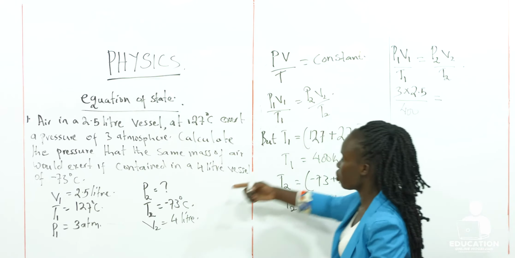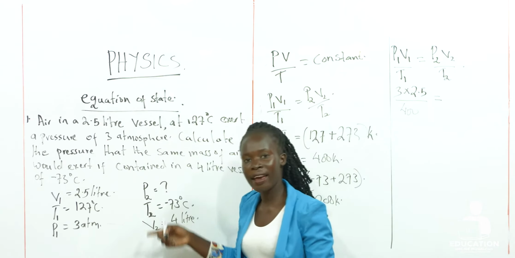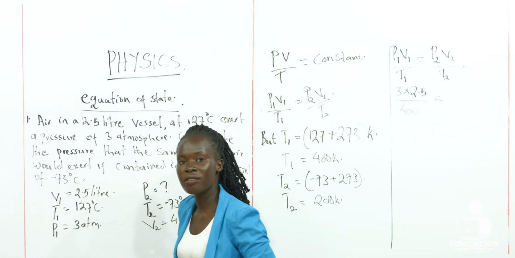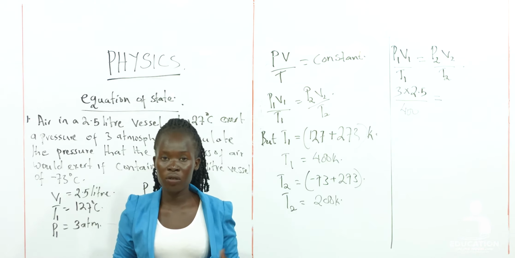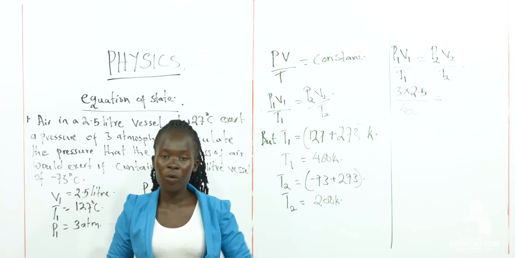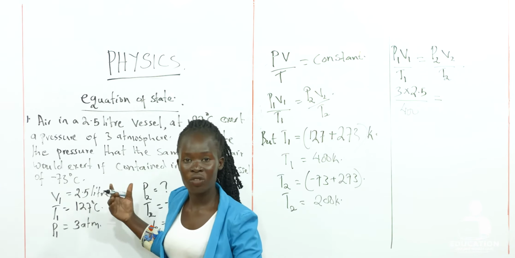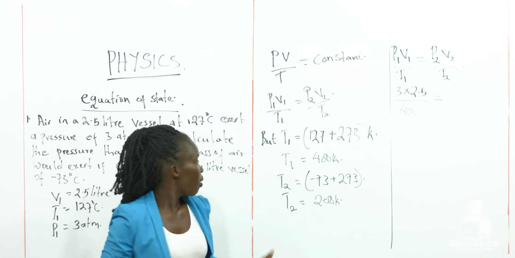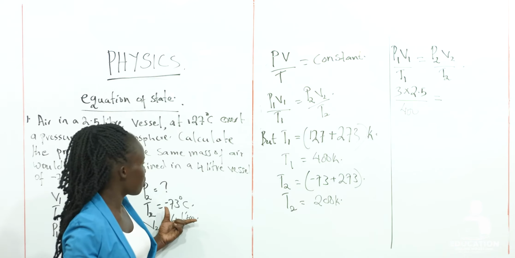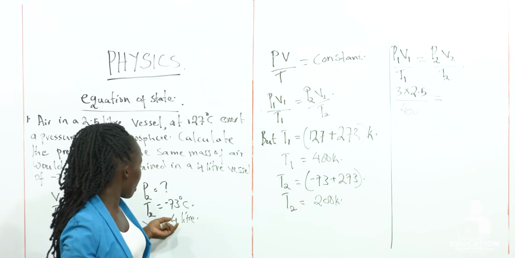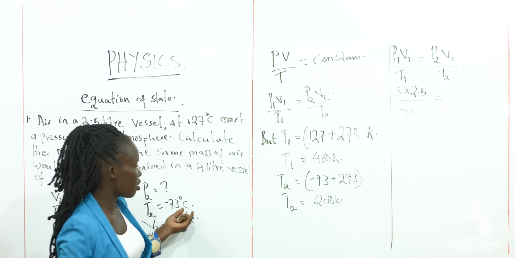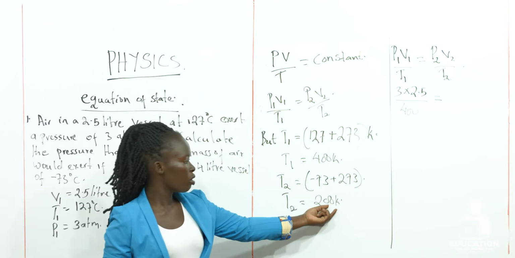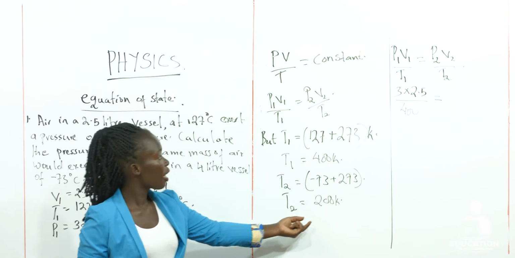So this one will give us our pressure two. The pressure that the air exerted when the temperature was varied has not been given. It is what we want to find out. So we want to find out how the gauge reading was. But then we have the temperature, which was negative 73 on the Celsius scale, but now it is 200 Kelvin.